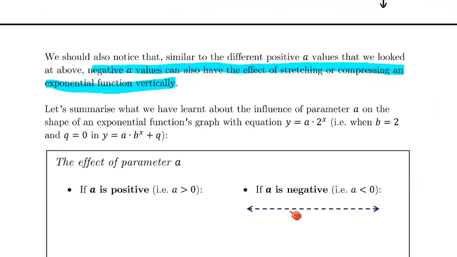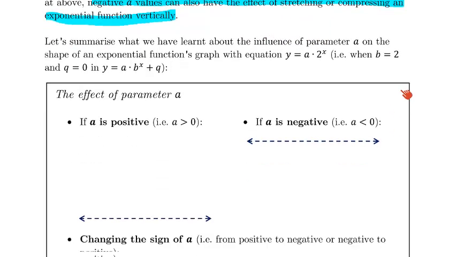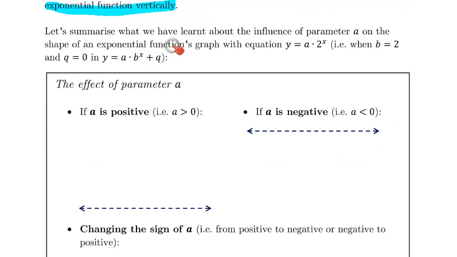Now guys, with all that said, let's summarize what we have learned about the influence of parameter a on the shape of an exponential function's graph with the equation y equals a times 2 to the x. In other words, when b is equal to 2 and q is equal to 0 in y equals a times b to the x. So this is basically a disclaimer.